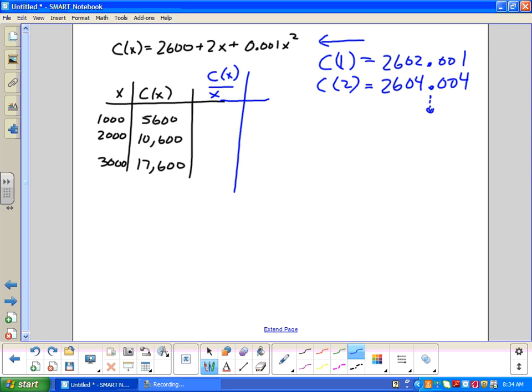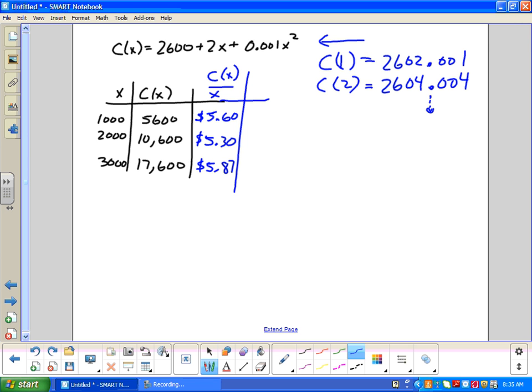So 5,600 divided by 1,000 is $5.60 each. The next one is $5.30 each. And the next one is $5.87 each. And it's somewhere in between there.